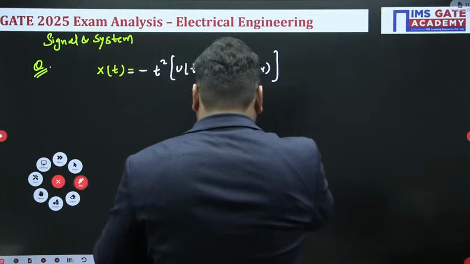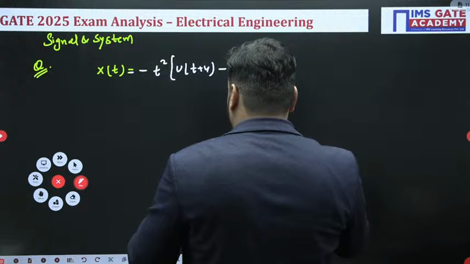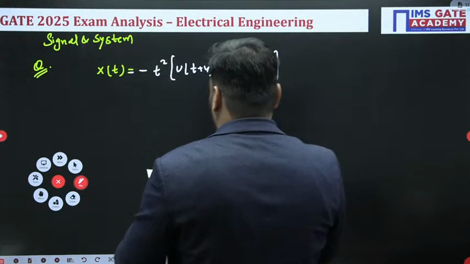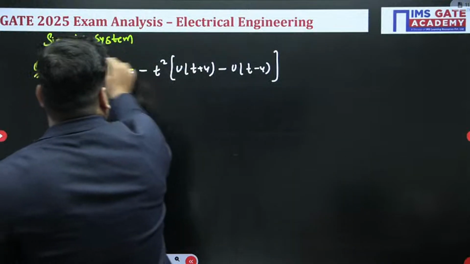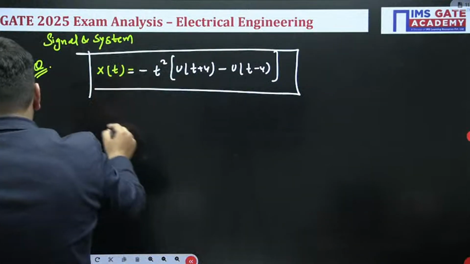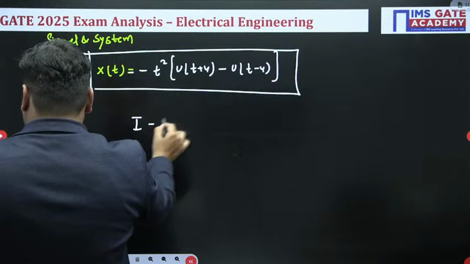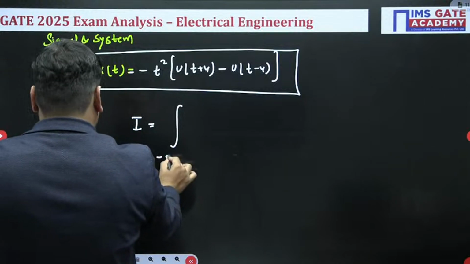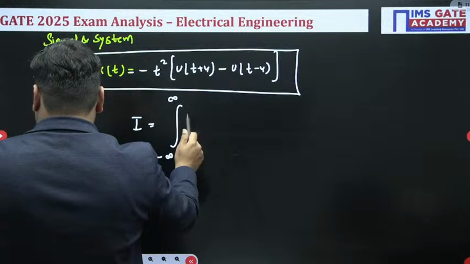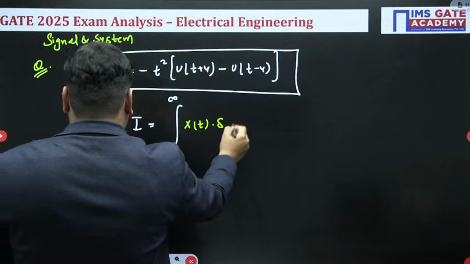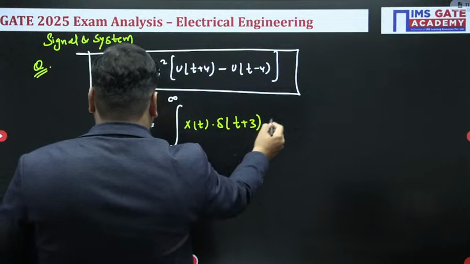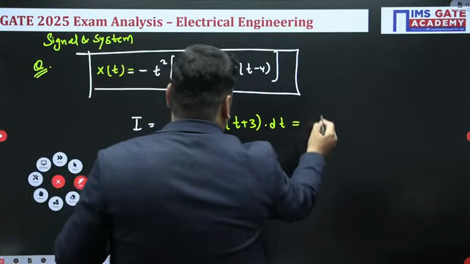And otherwise it is 0. So this is the question given to you, guys, and the examiner is asking for the integral value from minus infinity to infinity of x of t times delta of t plus 3 dt. So this you need to find.